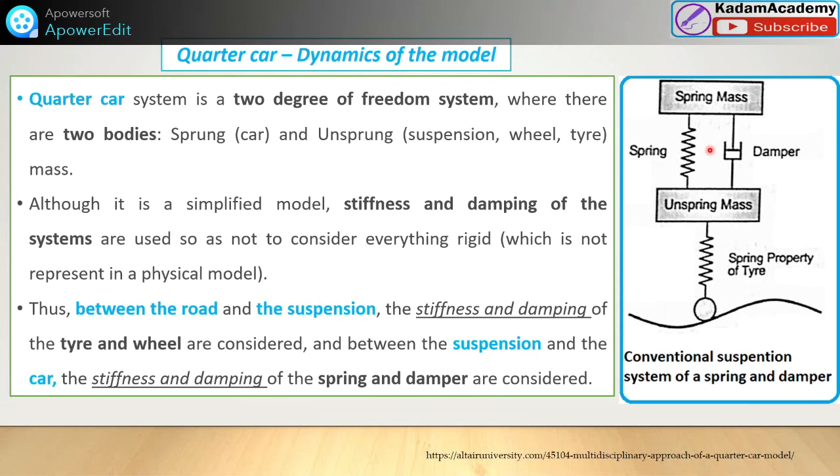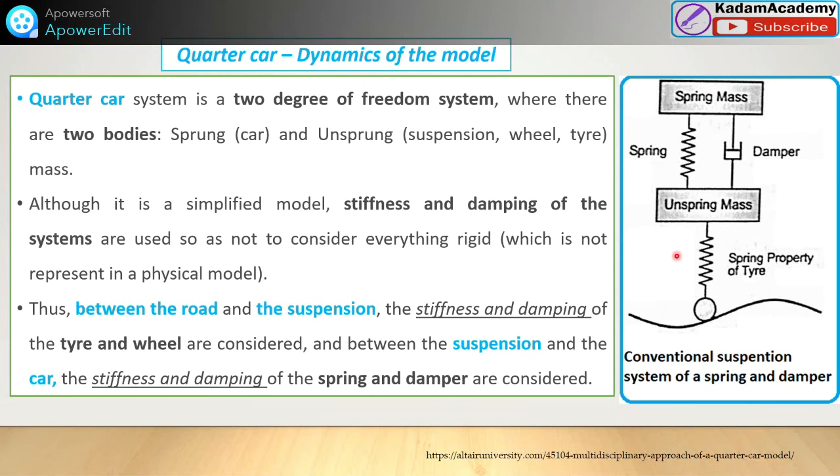In that electronically controlled active suspension system, there will be actuators and variable dampers, and we can improve rider comfort by reducing the car body acceleration caused by irregular road disturbances, which would otherwise disturb the rider.